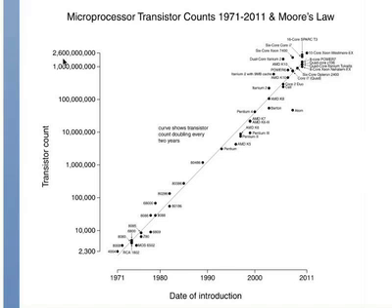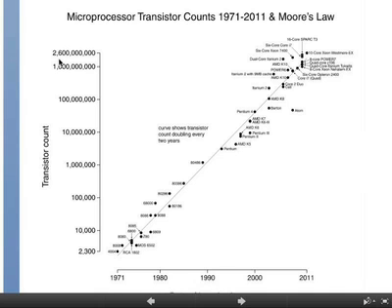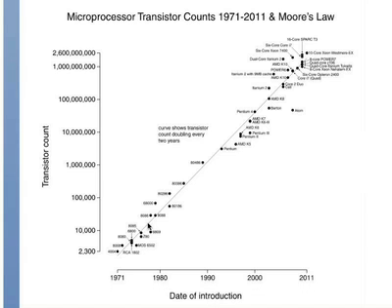Okay? And that evolution, of course, is only 40 years. In 40 years, you've increased by 6 orders of magnitude. This is a logarithmic plot, and you get pretty much a straight line, and that's what's called Moore's law. Gordon Moore, who founded Intel I think in the 70s, predicted that the number of transistors will double every 18 months or so.